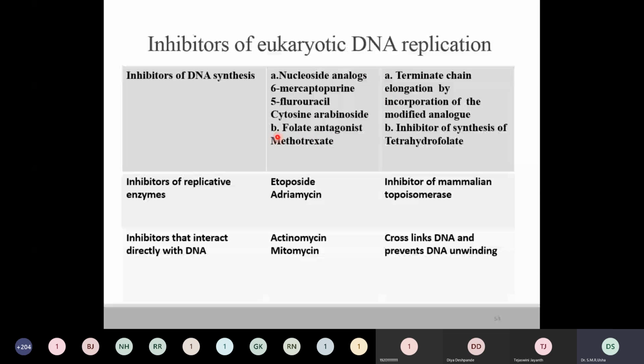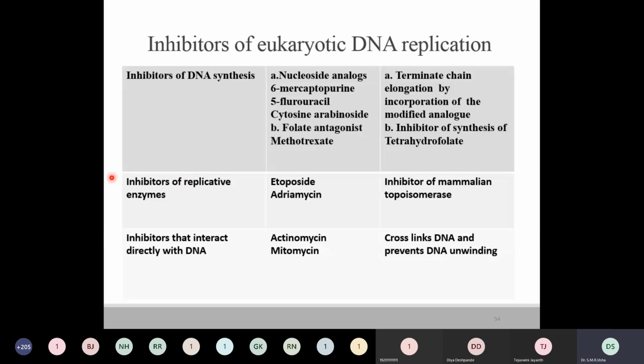Another inhibitor is the folate antagonist, that is methotrexate. It is an inhibitor of tetrahydrofolate synthesis, which is required for purine and pyrimidine synthesis. When this is administered, there is inhibition of DNA synthesis, as a result of which they serve as anti-cancer drugs.